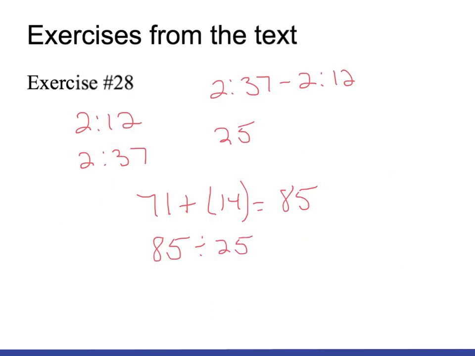25. Keep, change, flip. So I get 85 times 1 over 25. So I get 85 over 25. So that should simplify a little bit.